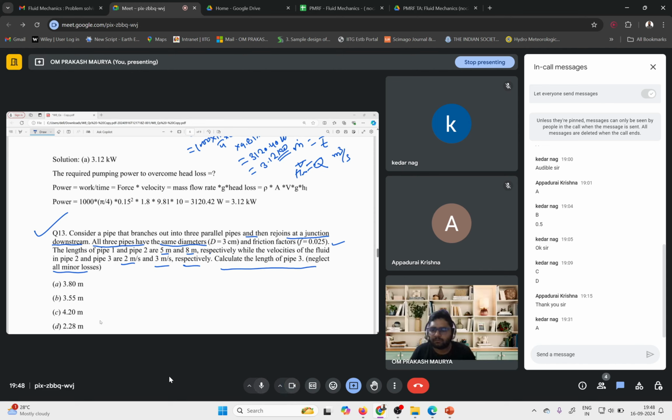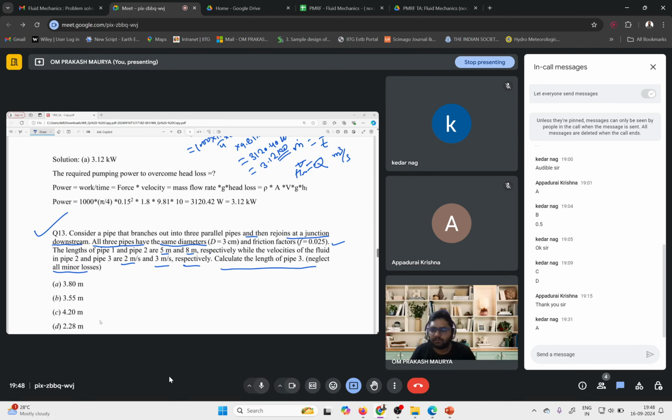Here you need to calculate L3. For that, first of all I write the formula here: f L V square by 2gD. D is the same for all, while length and velocity are varying.